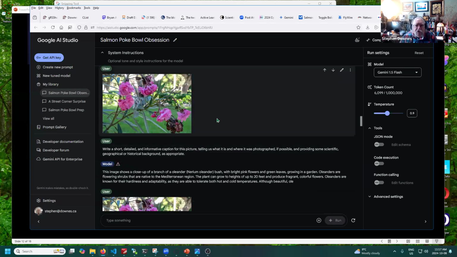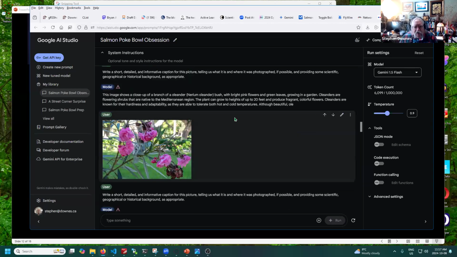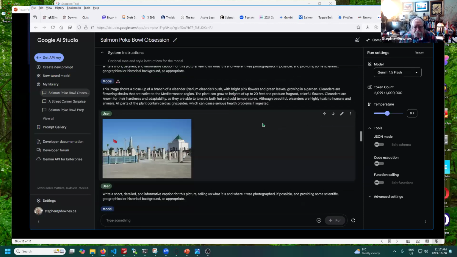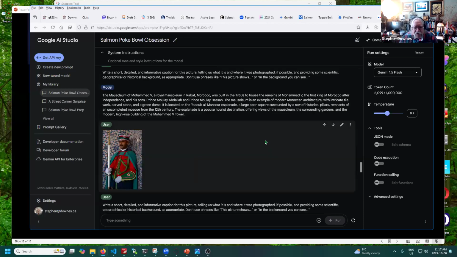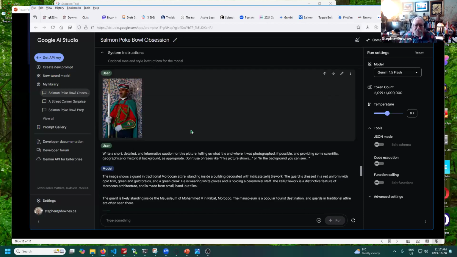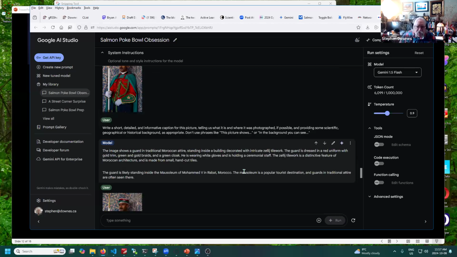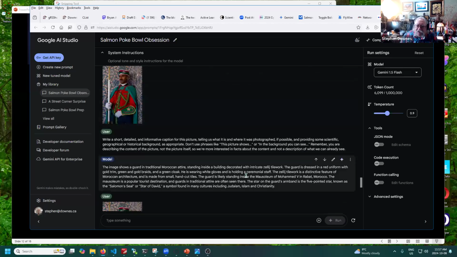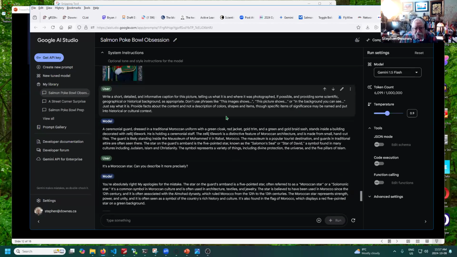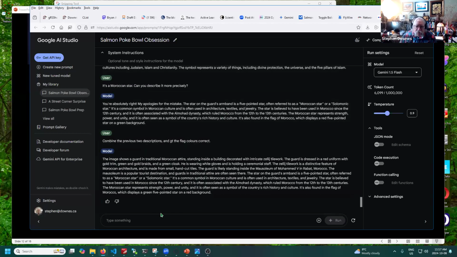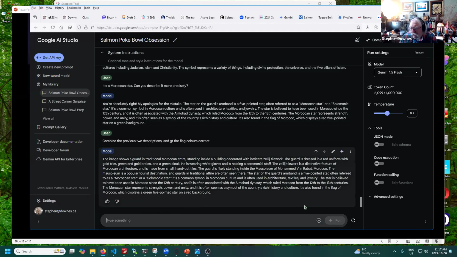Try something a little more neutral. Here's some flowers. We're back to Rabat. Here's a picture of a guard that I photographed. It's describing it. I really wanted it to tell me about it. Here's the Star of David reference that I mentioned. Now, what's really interesting is that this is real time.